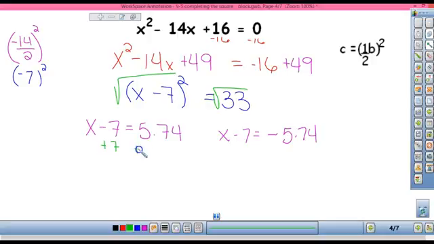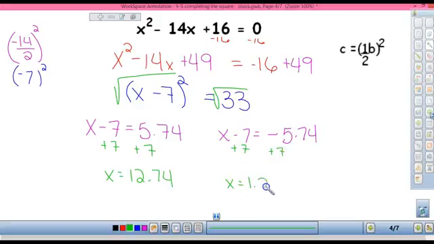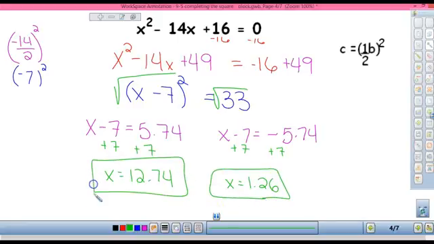Add 7 to both sides. X equals 12.74. Add 7 to this side, we get 1.26. And those are our 2 answers.